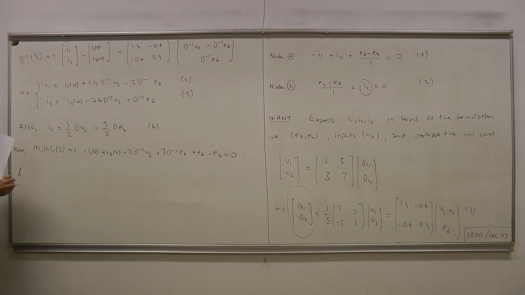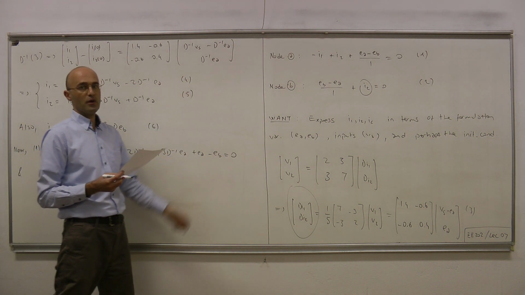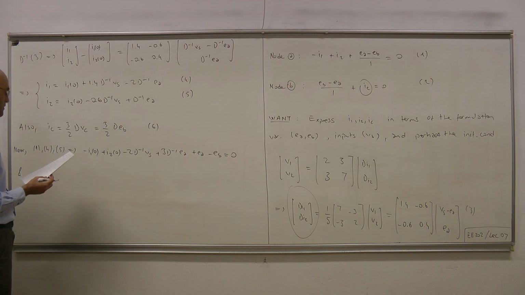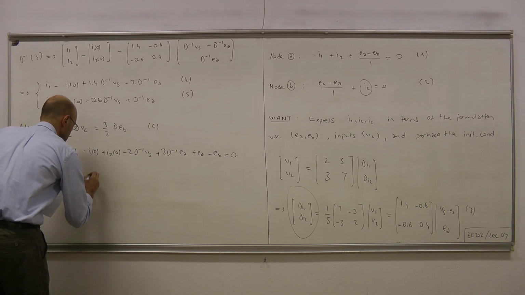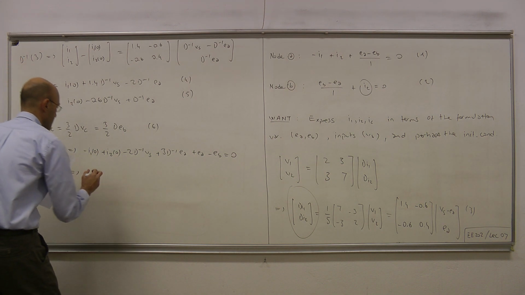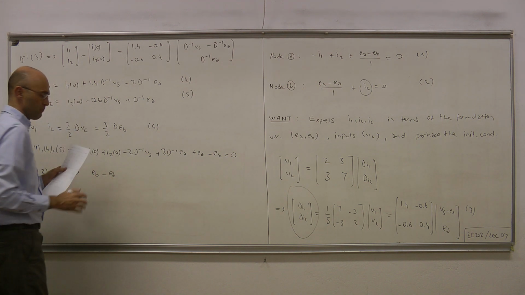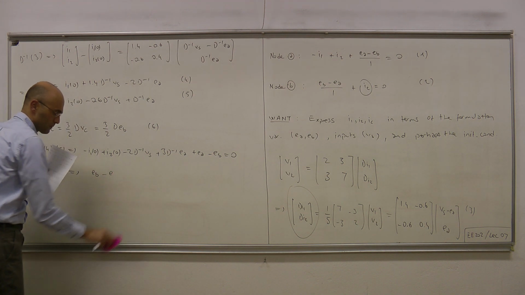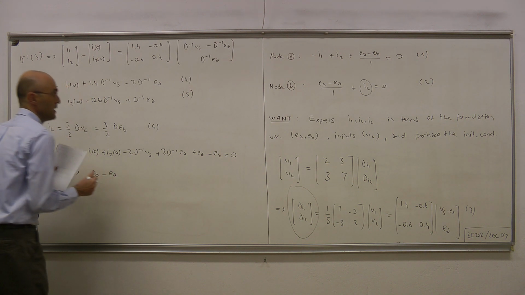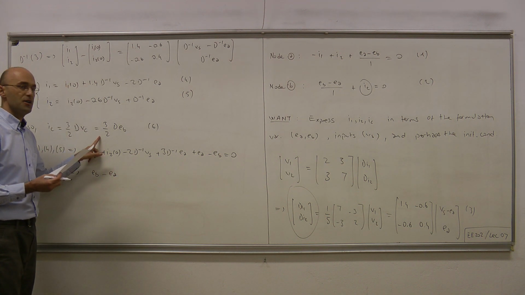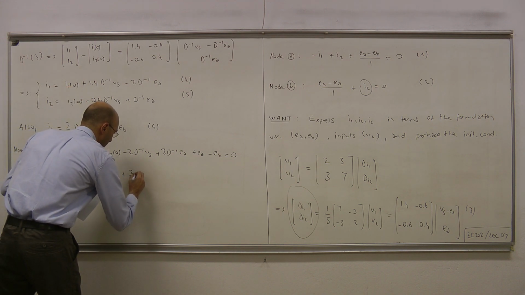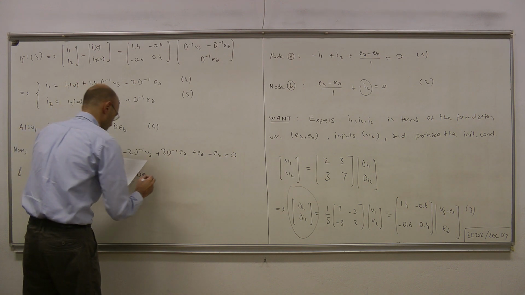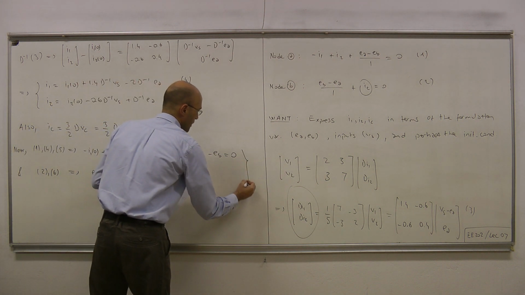And let's do the same thing for the pair of equations 2 and 6. 2 and 6 implies Eb minus Ea plus IC, and IC is 3 over 2 dEb, that equals 0.